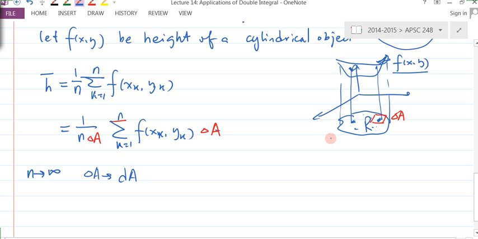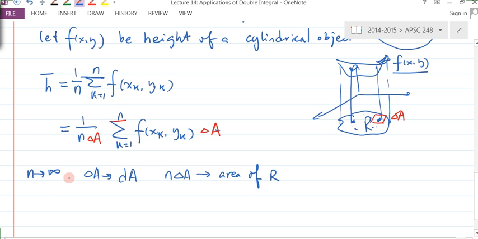The area, right? So in this denominator, as n goes to infinity, n times delta A will become the area of the bottom region R. That makes sense?